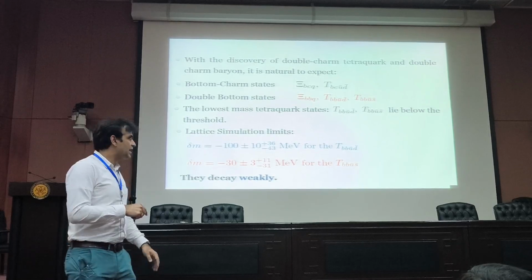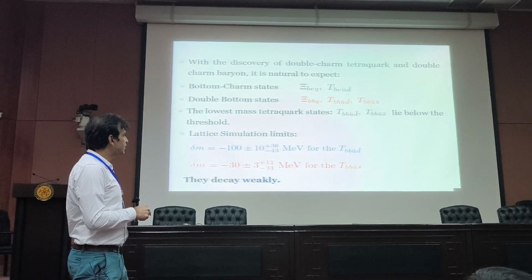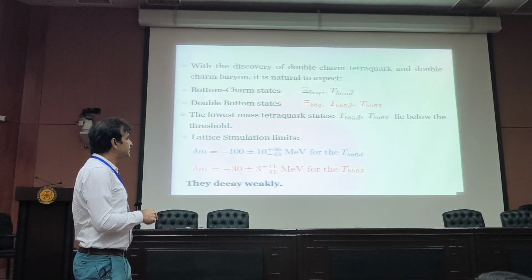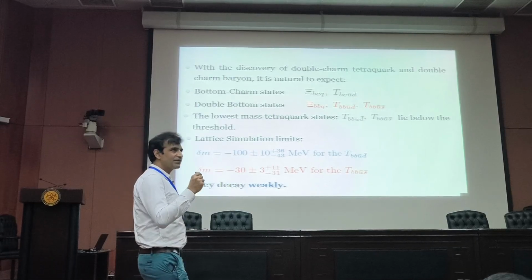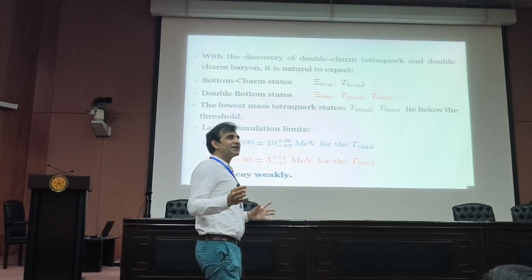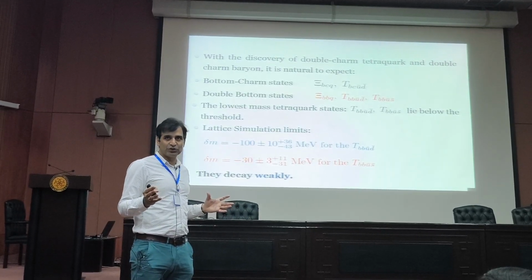We have considered from the lattice this baryon which has b c, two heavy quarks. We have the tetraquark which has b c, and we have single bottom tetraquarks, double bottom tetraquarks, single charm tetraquarks, double charm tetraquarks. So all these states are there. The problem is that their masses lie below the threshold.